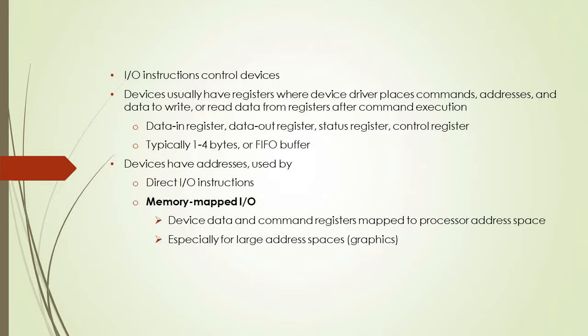Typically 1 to 4 bytes, or a FIFO buffer. A device has addresses used by direct I/O interaction, memory-mapped I/O. Device data and command registers are mapped to the processor address space, especially for large address space such as graphics.